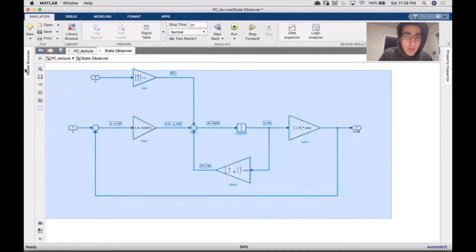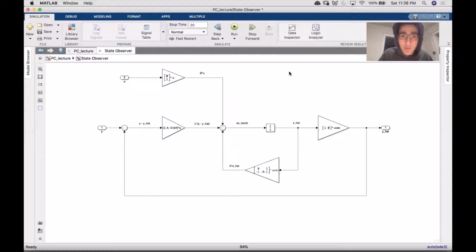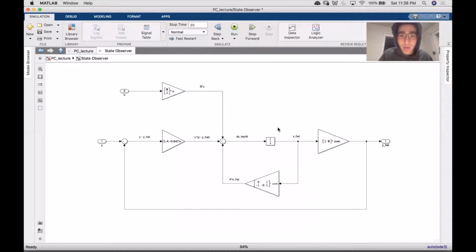Let's click into this subsystem to see how we're modeling our state observer. This here is all just the block diagram implementation of the equations that were presented previously. You can recall that the time derivative of x hat is equal to A x hat plus B u plus L times (y minus y hat).